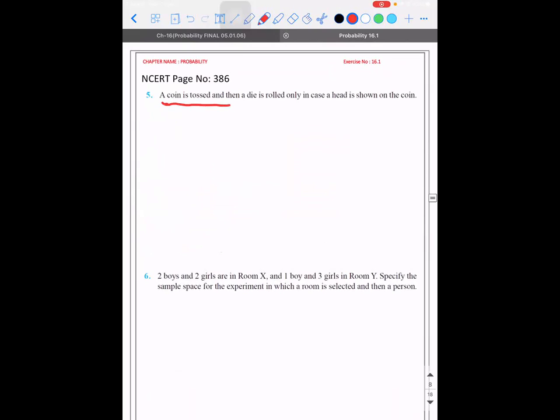So how to solve this? We need to write the sample space for this problem. A coin is tossed and then a die is rolled. So when will you roll the die? Only in case a head is shown on the coin. If it is showing a tail, you will stop. You will not do anything. So what will be the sample space? If suppose I get a head, then what should I do?